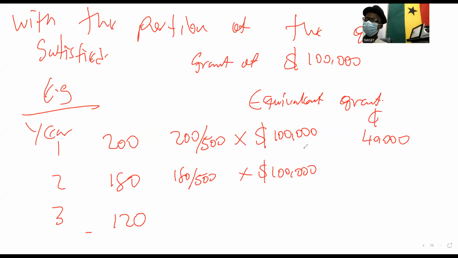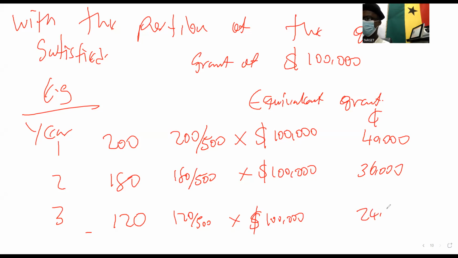So you see? 36,000. Then the last year, we had 120 over 500 times $100,000. And that should be 24,000.